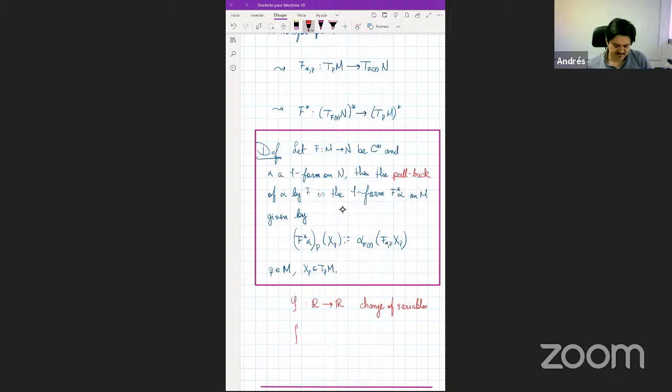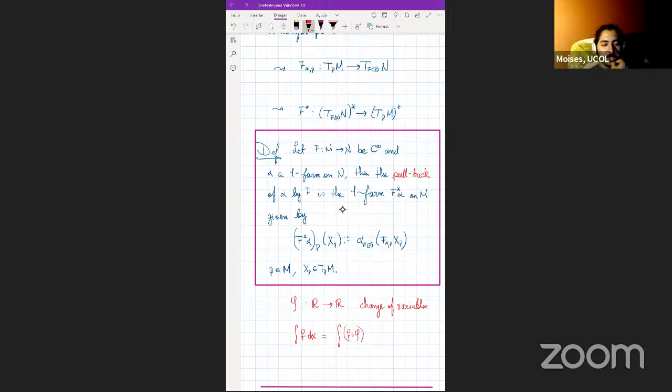Okay. And then in calculus, if you want to use the change of variables, do you remember what you do? We take the expression, we take the derivative, then we just replace with the derivative. So it will be f composed with phi. But what about the differential or how it goes?